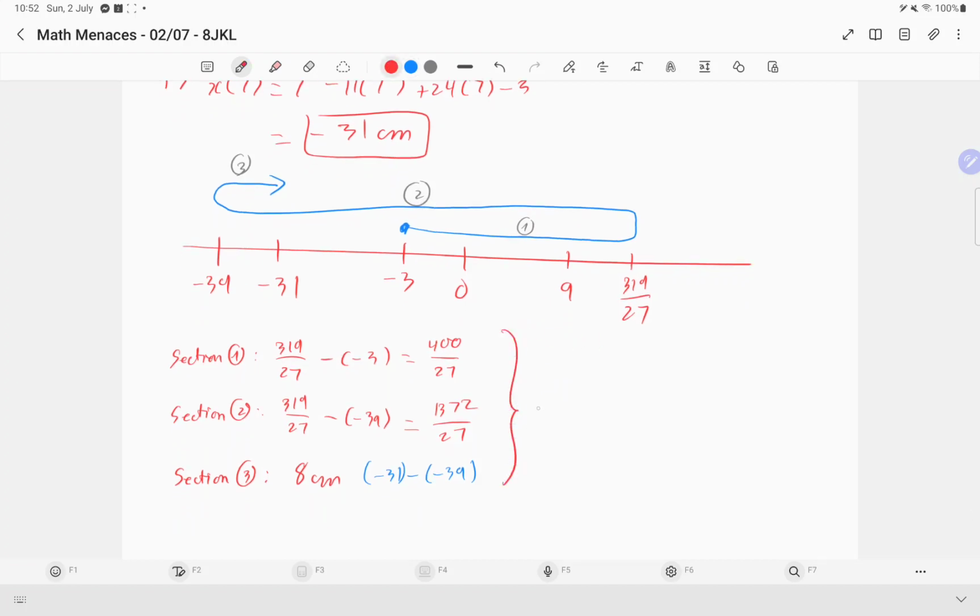That's my turning graph. Very good. That is correct. Now you've got to calculate the total distance.